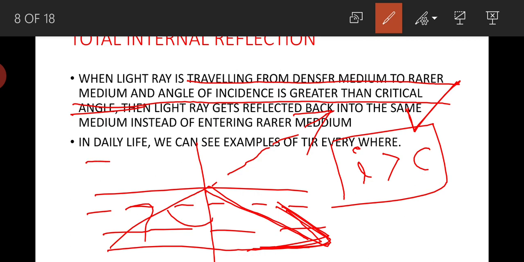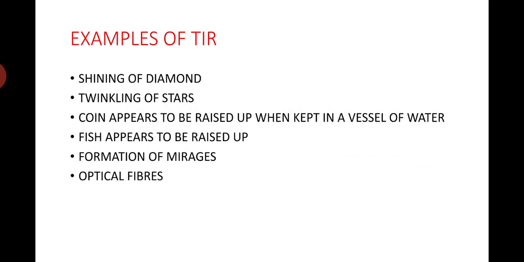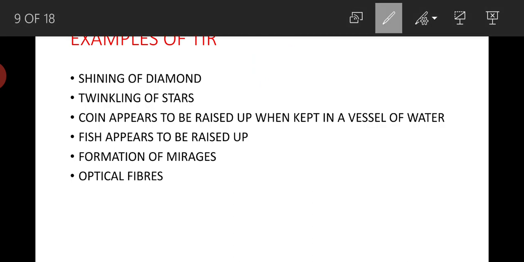And in daily life we can see a lot of examples of total internal reflection. Some examples of TIR are the shining of diamond, the twinkling of stars, even that is because of total internal reflection, and a coin appearing to be raised up when it is kept in a vessel of water. This is also because of total internal reflection.